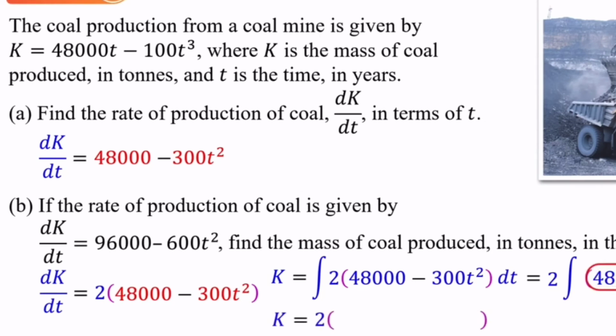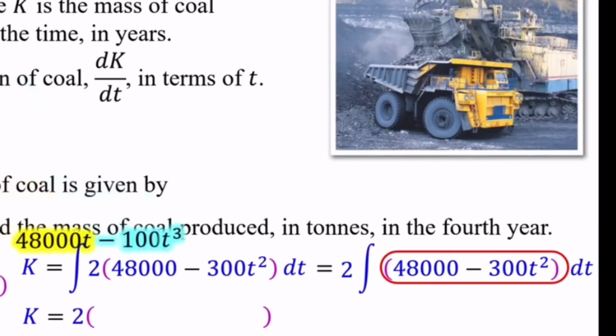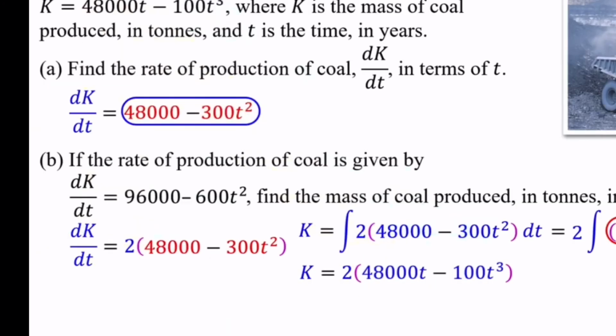And of course, if we integrate the differentiation, we will get back the function. Our function just now was given, so we can just copy back the function K and multiply by 2, because we integrated 2 times dK/dt, so the function we get back will be 2 times also.